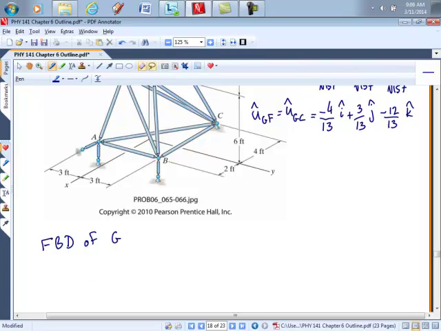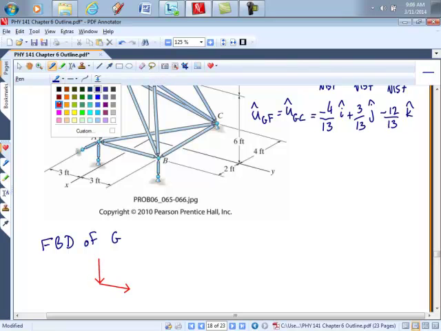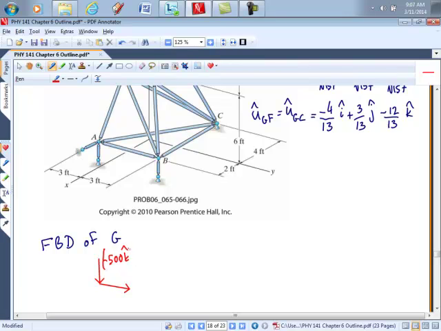Okay, so at G we know there are two external forces on it. One along the z-axis, that's negative 500 k hat pounds, and this one is going to be 200 j hat pounds.